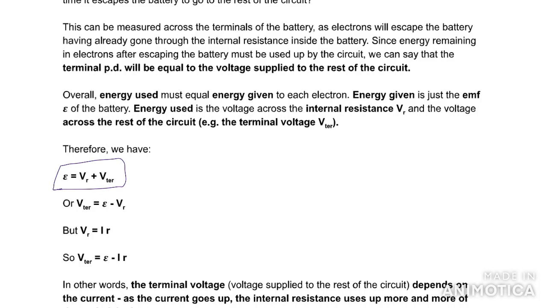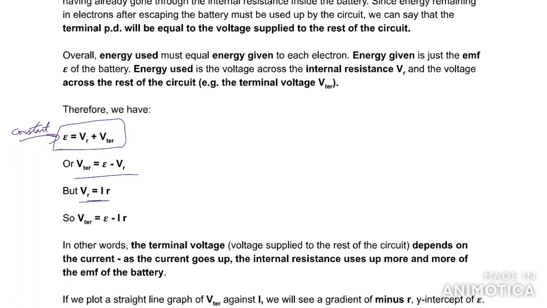And then the very common and useful form of this, since E is just a constant, we can rearrange this and get that V terminal equals E minus the voltage across the internal resistance. But we know the voltage across the internal resistance is just IR. So we get this very, very important equation.